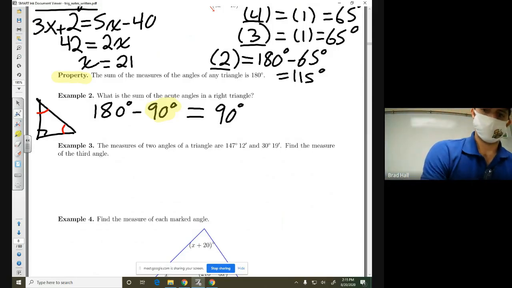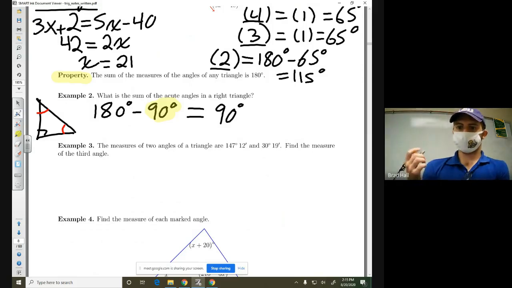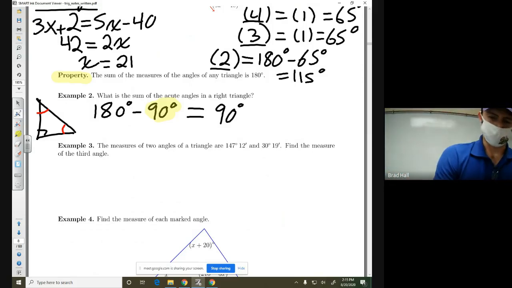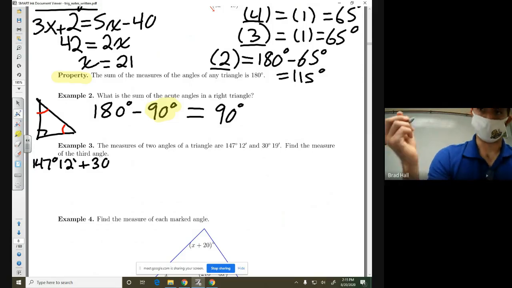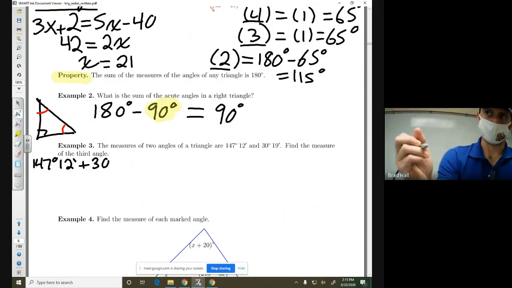So if we know that all the angles add up to give us 180 degrees, you might already see what to do. I'm going to write it out with an intermediate step. I just realized I can rest my palm on the screen and write.